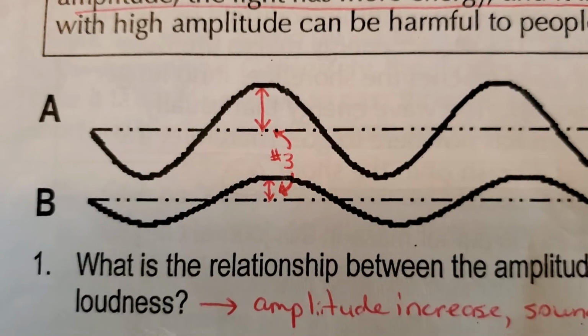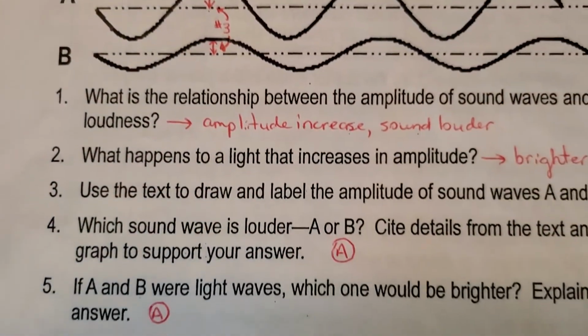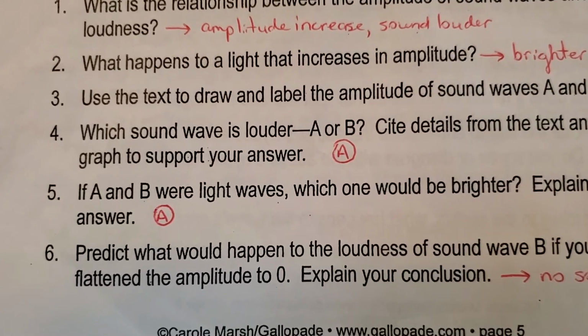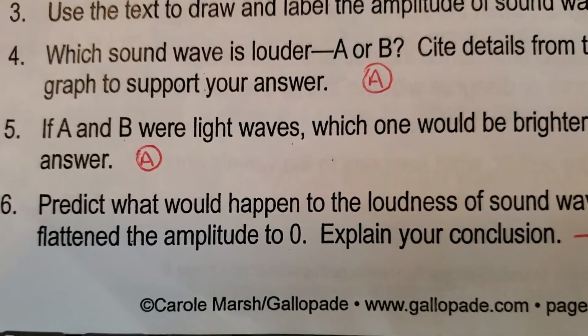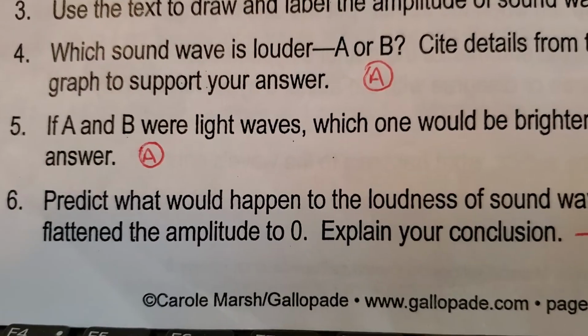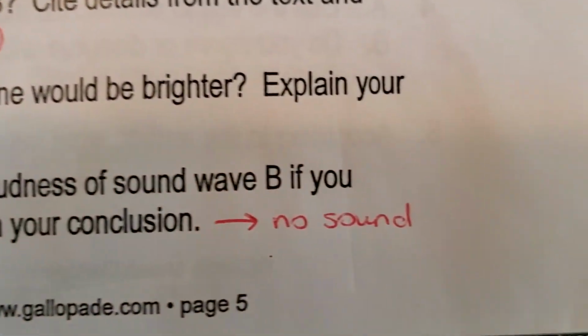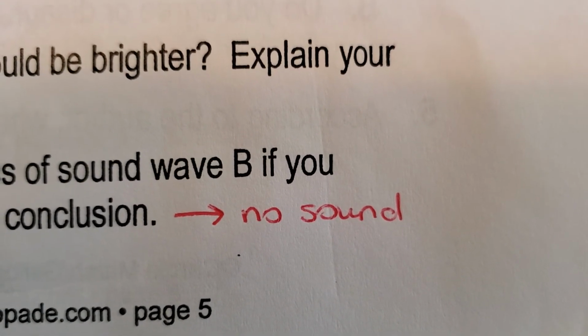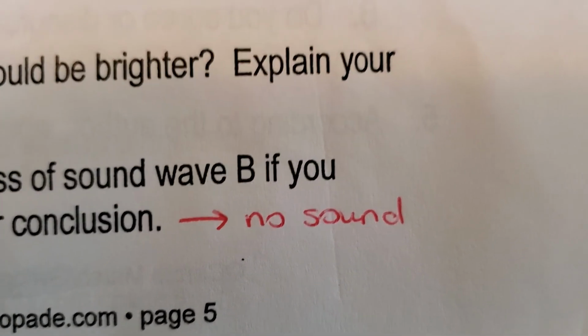What do you think is going to happen? What happens to the loudness if you take wave B and you make its amplitude 0, if there's no wave height? You've got no sound. No sound at all. It's like you turned the sound off.